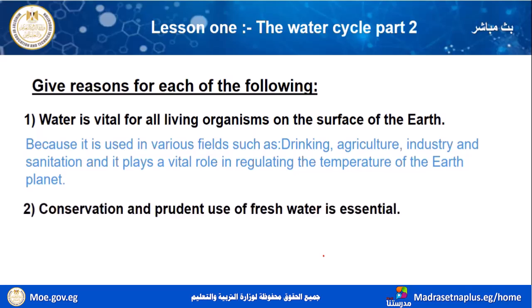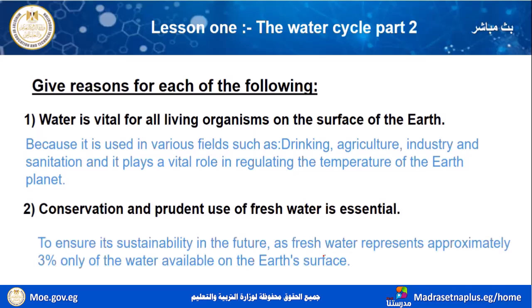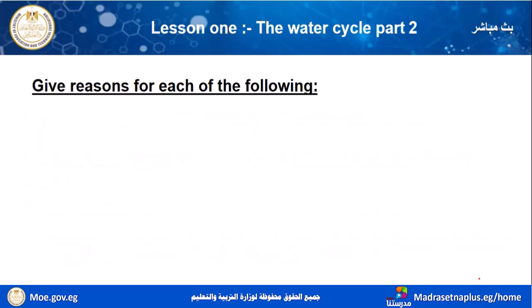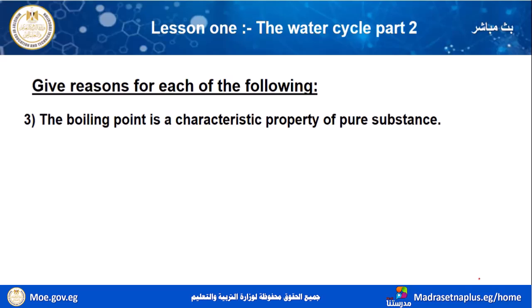Number 2, conservation and prudent use of fresh water is essential to ensure its sustainability in the future, as fresh water represents approximately 3% only of the water available on the Earth's surface.